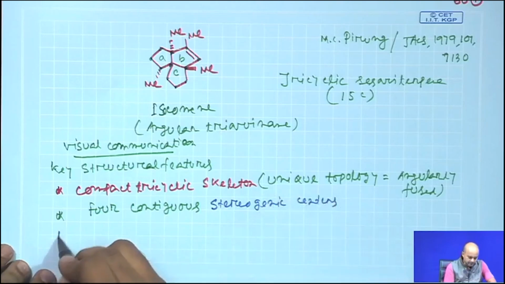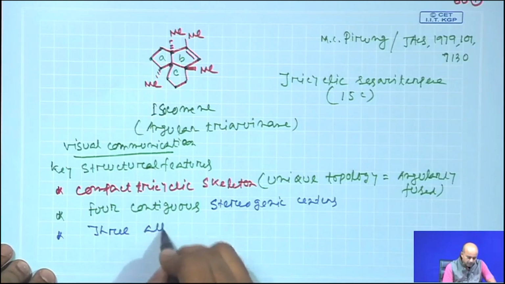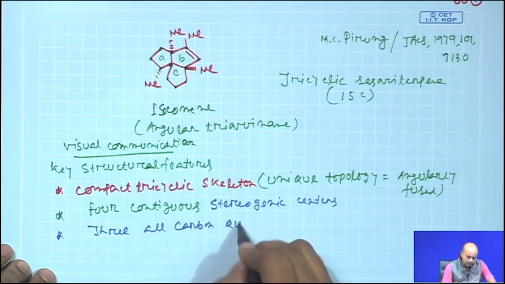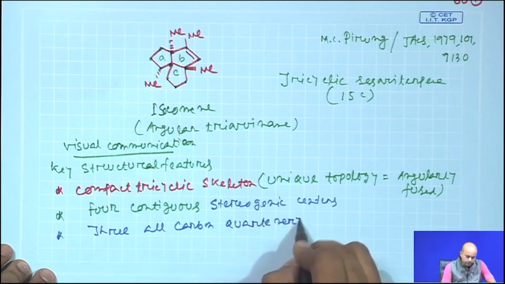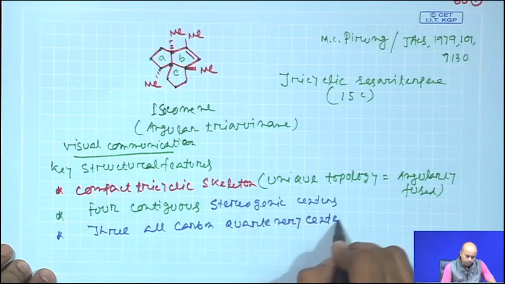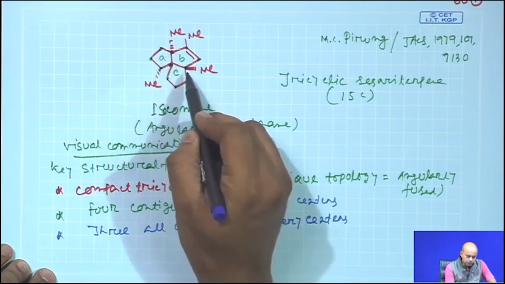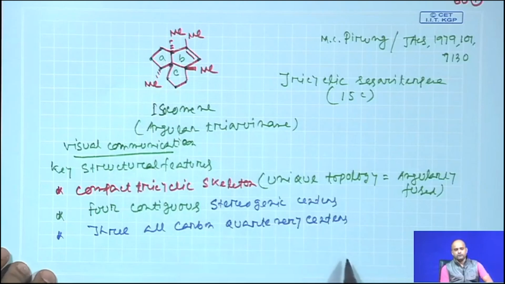Then you have 3 all-carbon quaternary centers. You see this 1, this 2, this 3, which are also contiguous: 3 all-carbon quaternary centers.